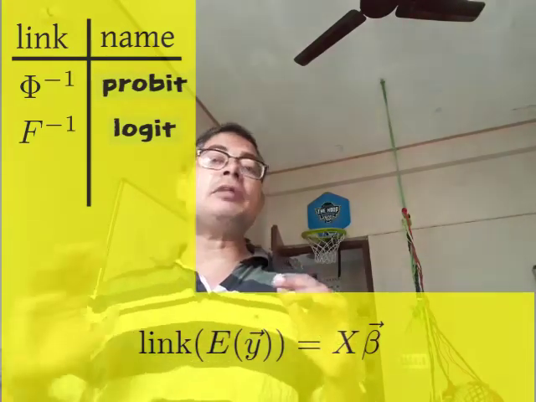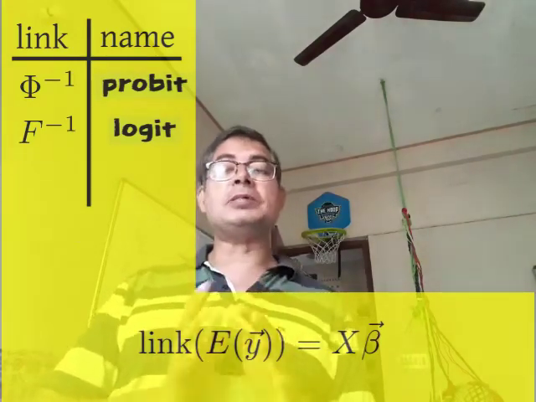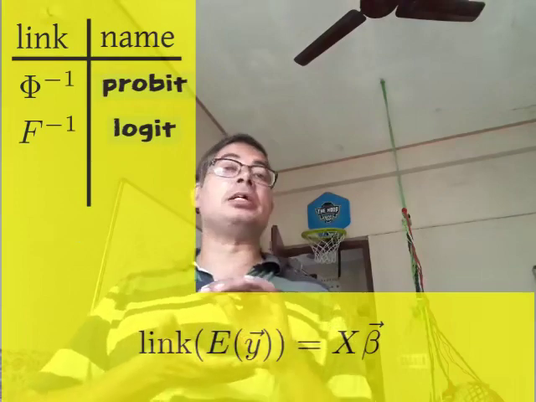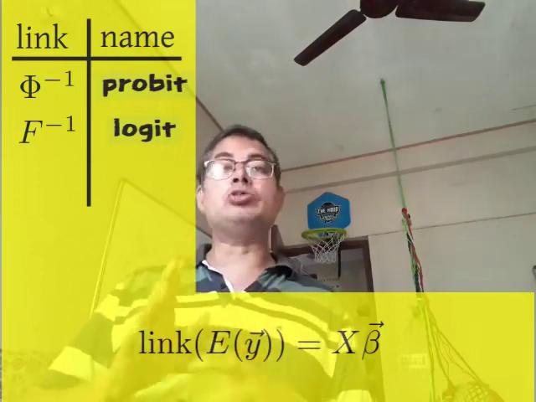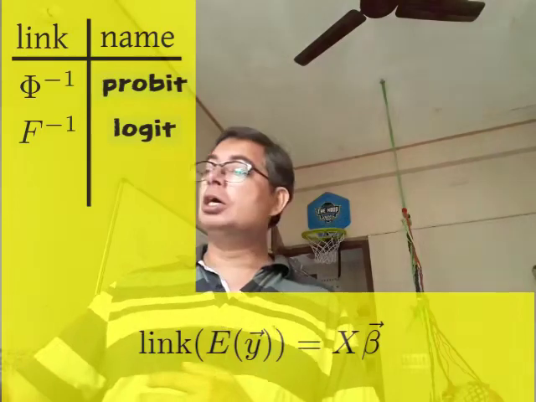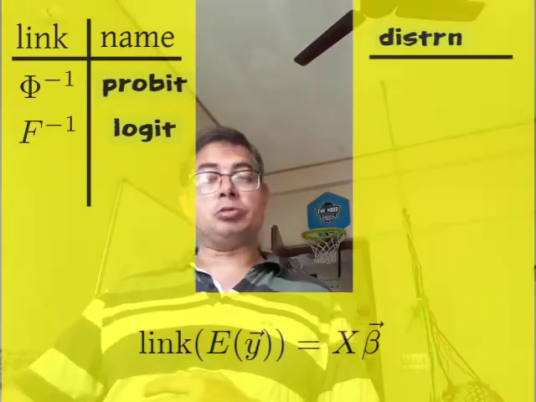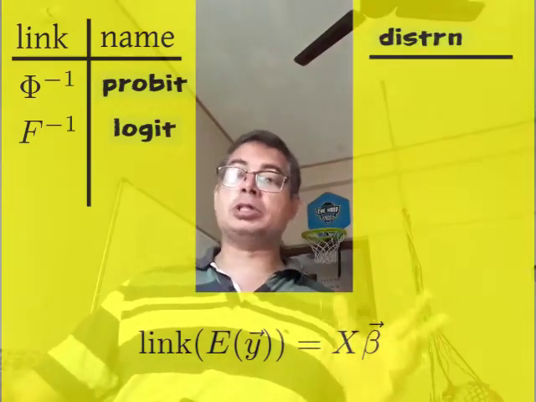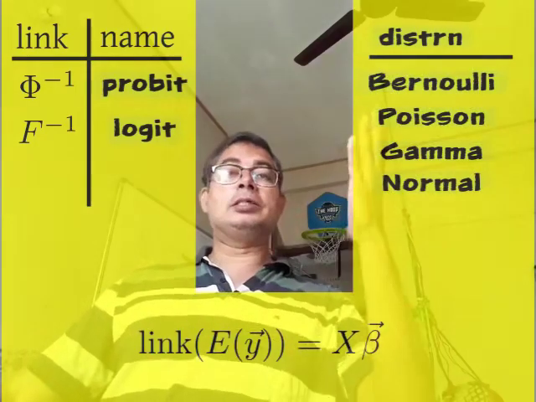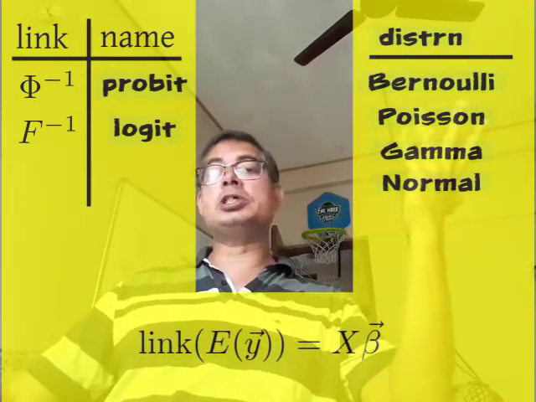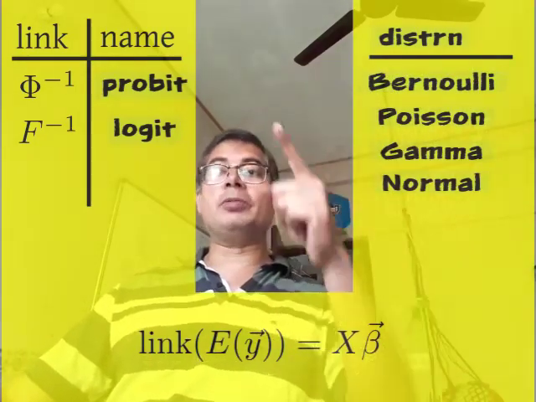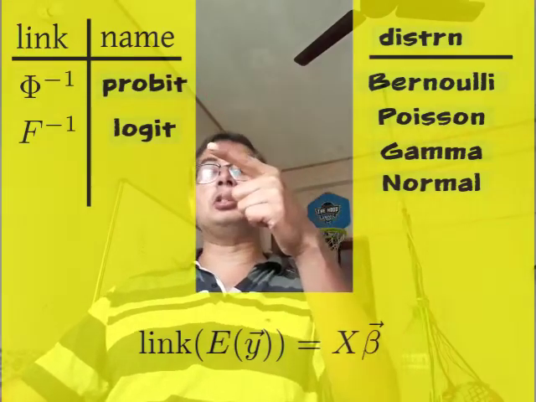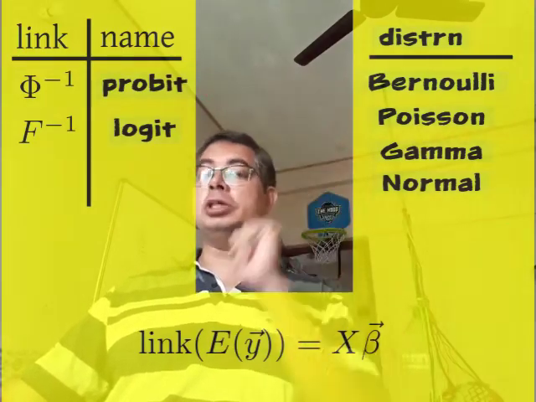Now, the link itself is not enough because it merely specifies the behavior of the expected value of y. You also need to have some distributional assumption. So you need to specify the distribution. So there are quite a few distributions that are allowed. Here is the list. You can use the binomial distribution or Bernoulli distribution. For example, both probit and logit use the Bernoulli distribution.